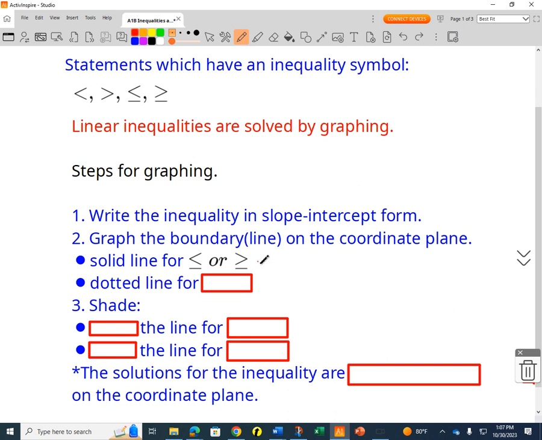Points on the line are included in the solution.